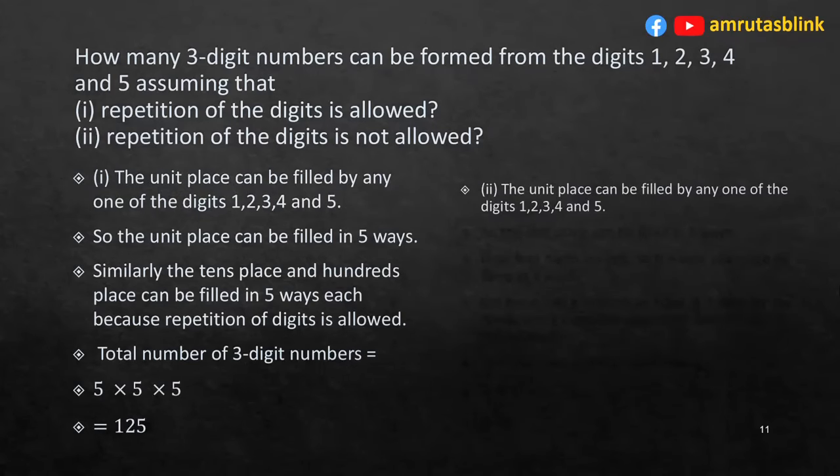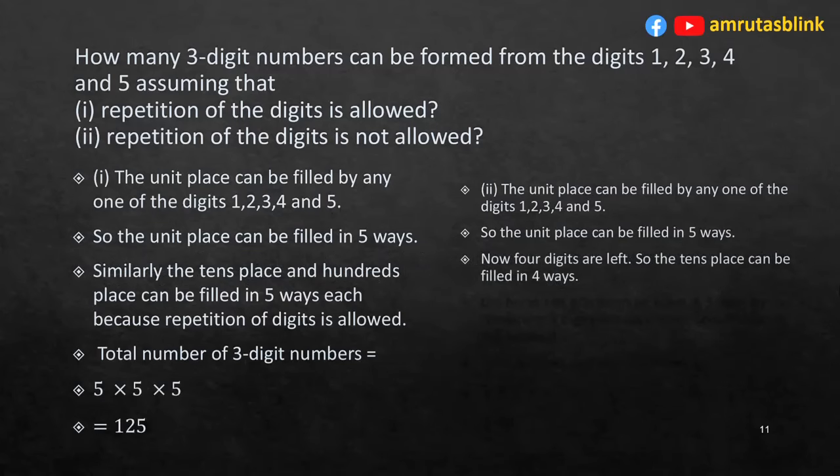Now let's consider the second case where repetition of the digit is not allowed. Here also there are 5 options available with us, 1, 2, 3, 4 and 5. So the units place can be filled in 5 ways.